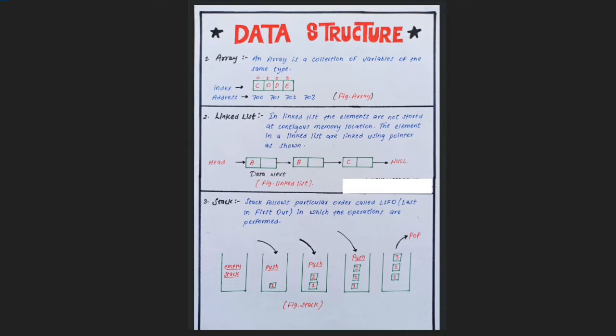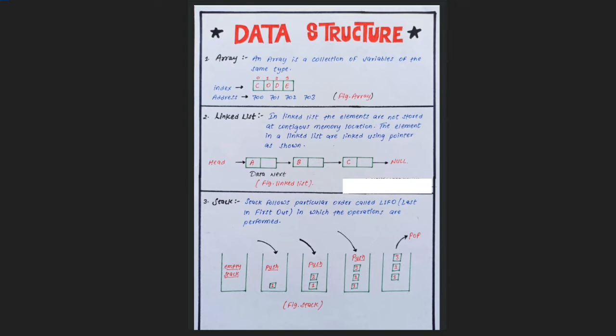Second is linked list. So what is the definition of linked list? I read here. In linked list, the elements are not stored at contiguous memory location. The elements in a linked list are linked using pointers as shown in the figure.